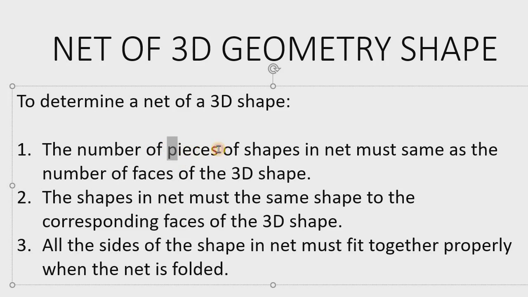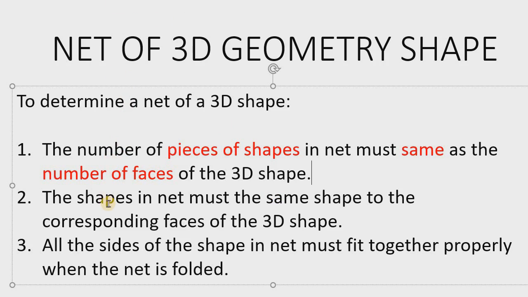How many pieces of shape must be the same as the number of faces of your 3D shape. And the shape you use in your net must also be the same as the face.